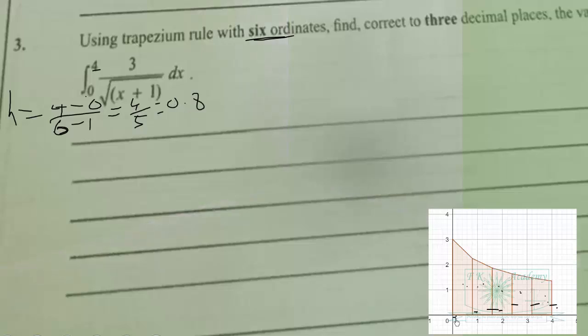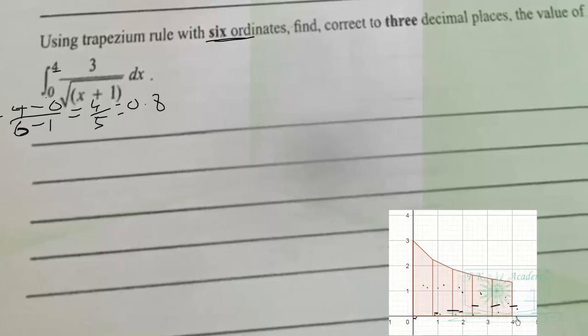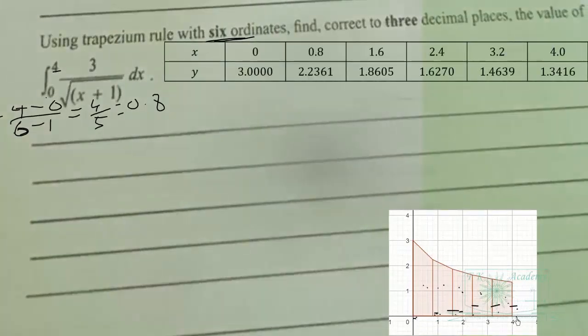So we add 0.8 to 0, that will give us this point. Add another 0.8, that will give us this point. Another 0.8, another 0.8, until we get to 4. So our table will look like this.